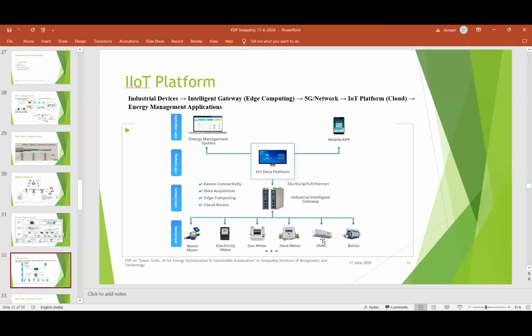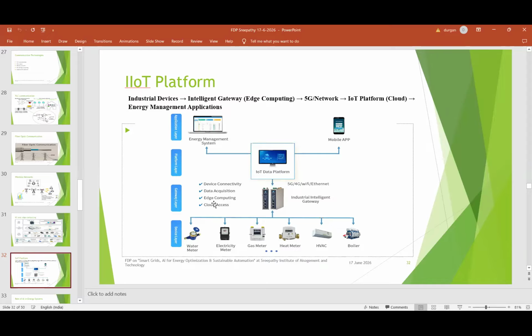All the devices are connected in the device layer. Then the next layer is the gateway layer. It is one of the key layers of the IIoT because it performs efficiently. Here are the advantages: device connectivity, data acquisition, edge compute, cloud access. Everything can be done in the gateway layer.